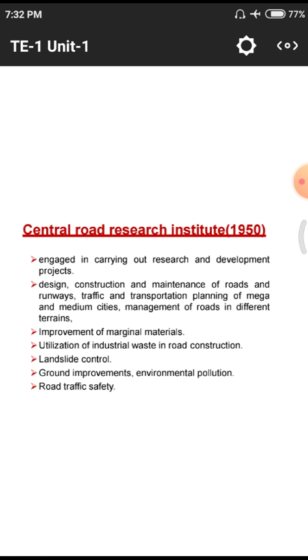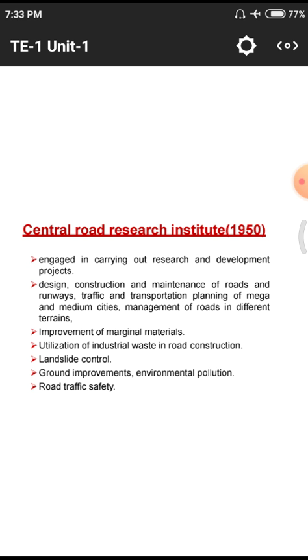This NTPC is one of the leading industries for power generation. In our state we have an NTPC near Vijayawada. In those NTPCs they mainly use coal based thermal power generation. That means they use coal as a raw material for the production of electricity.